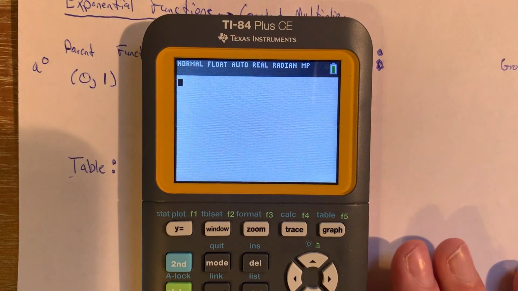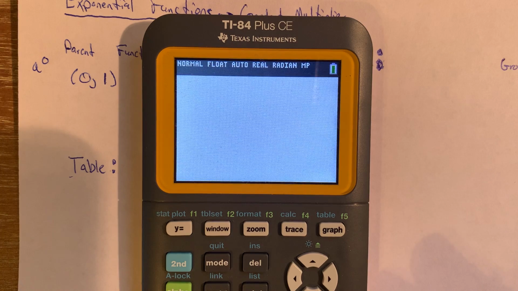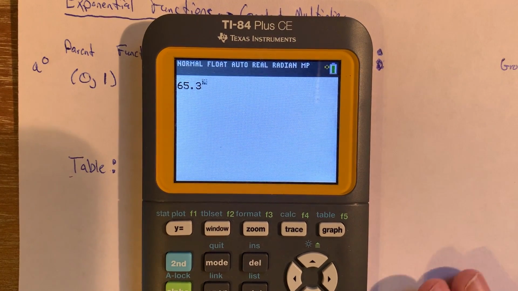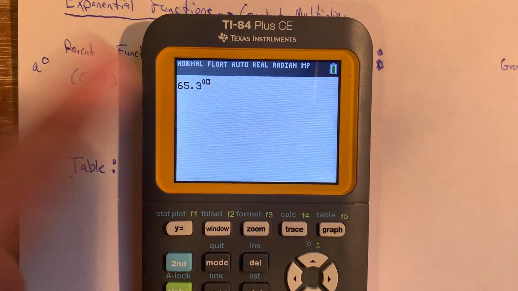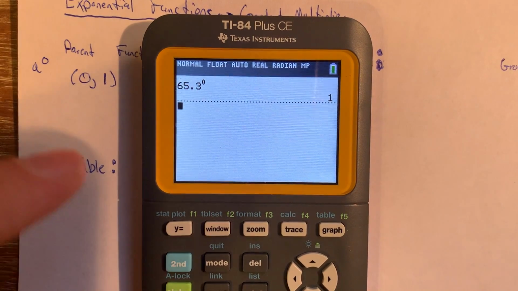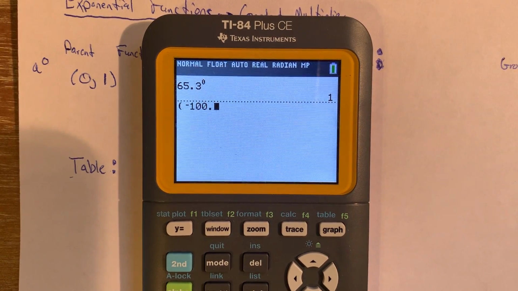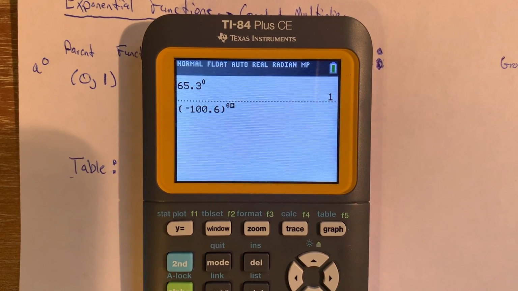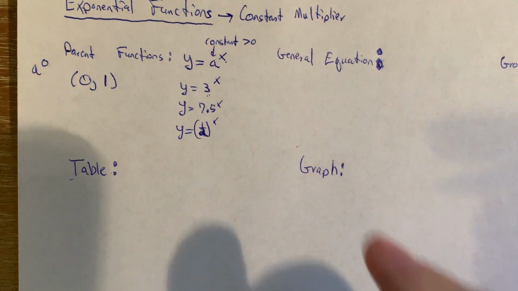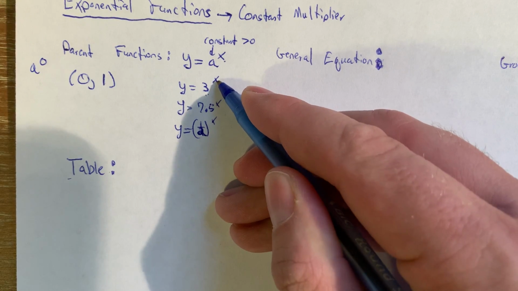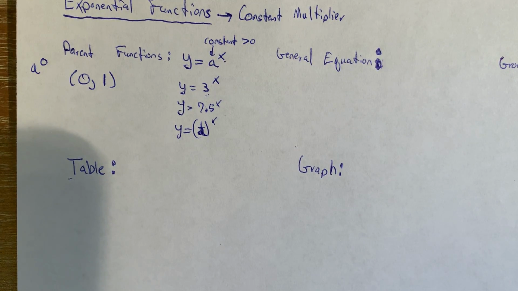You're welcome to use a calculator today for calculations. If I have 65.3 and I take it to the 0 power, it doesn't matter what that number is. This didn't have to be 65.3. The answer will always be 1. Even something like negative 100.6, and I take it to the 0 power, that answer will be 1. And so all of these functions, when x is 0, the y will be 1.